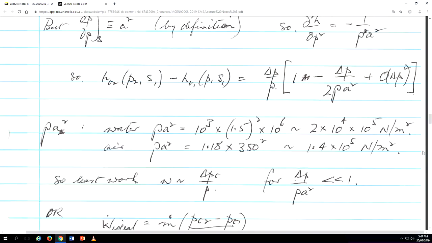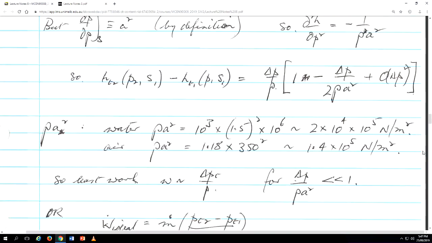So for this term to be significant, delta P over 2 rho a squared, I've got to get up to very, very high pressures, like 20,000 atmospheres. But if you were cutting rock with a water jet, you'd be at that pressure.